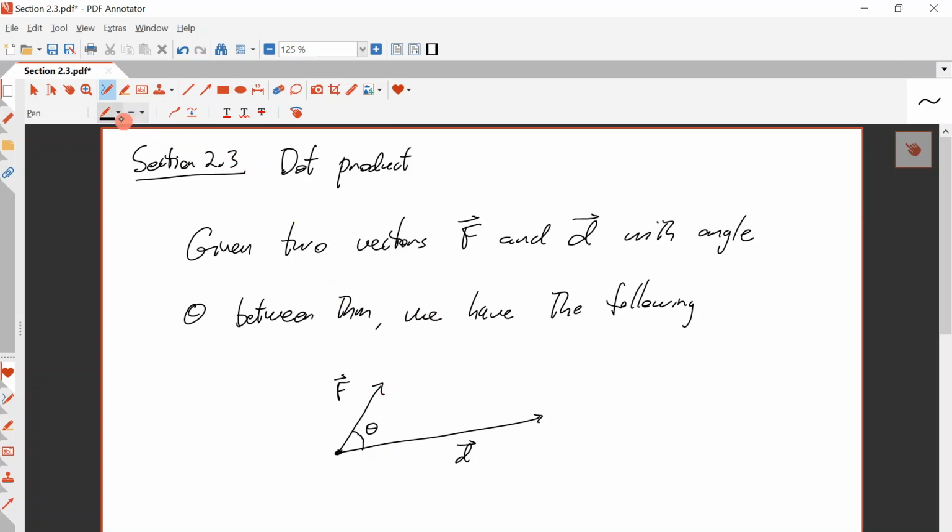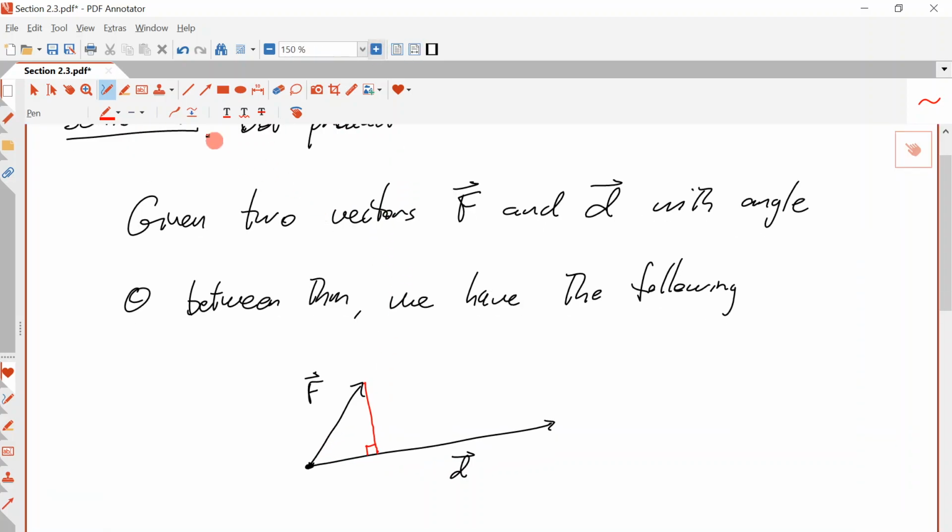So given this situation, if we take the tip of F and we draw this perpendicular from F down to D, tip of F down to D, and we have this line here. Let me zoom in.